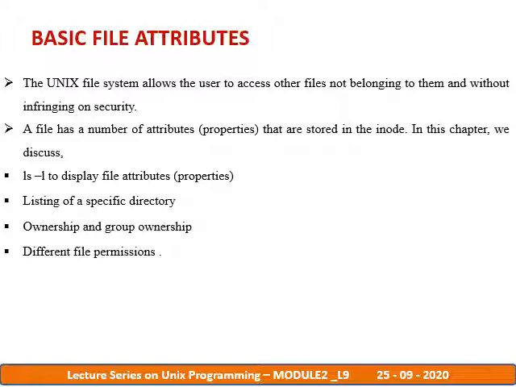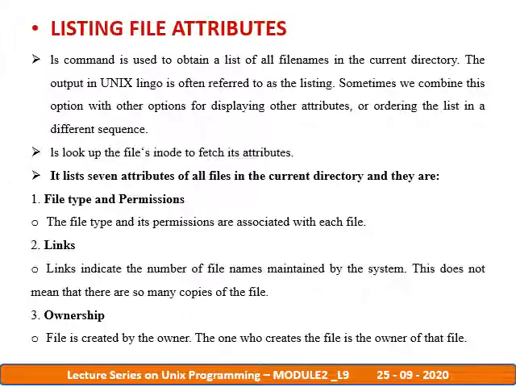A file has a number of attributes, normally called properties of that file. When the file is created, these properties are associated with the file, and all the attributes are stored in the inode. In this chapter, we are going to discuss all these points related to file attributes, how to list the directory, and ownership and group ownership with the different file permissions.